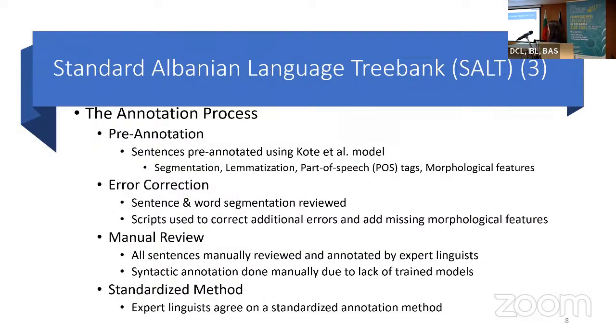After that, we pre-annotated our sentences using the model that I developed during my PhD, but it was just for segmentation, lemmatization, POS, and morphological features. After that, we manually rechecked all the sentences for segmentation, which was usually done by me.